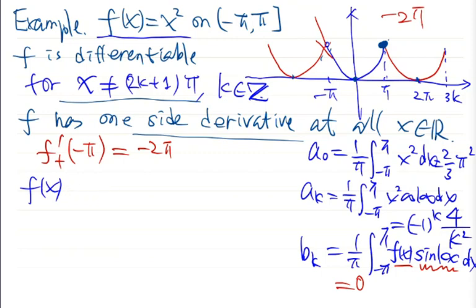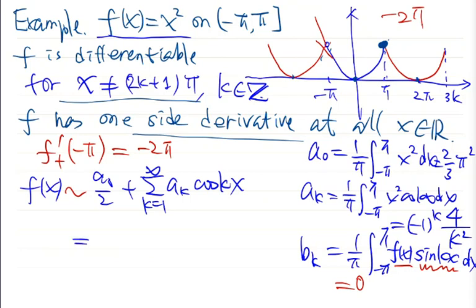The Fourier series of f is exactly half of a_0 plus the sum over k from 1 of a_k cosine kx. Half of a_0 is pi squared over 3, because a_0 is 2 over 3 pi squared.